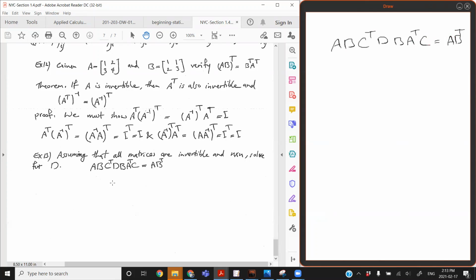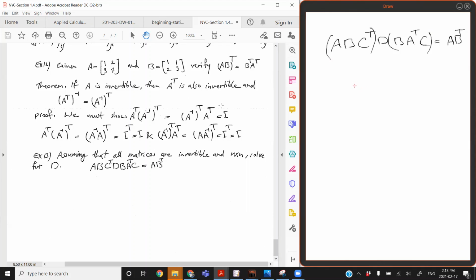I'm assuming that all these matrices are n by n and invertible. How do I isolate D? If I multiply both sides of this equation by the inverse of this on the left and the inverse of this on the right, that will solve the problem. So that's what I mean.